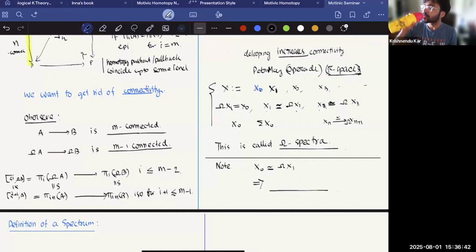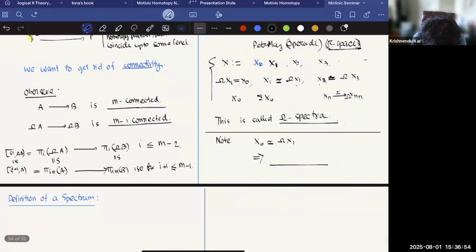All right, let's move on. So that's your omega spectra. Now note that I want to define a spectra, and that will actually pop out of this discussion. If x0 is weakly equivalent to omega x1, that means I have a map x0 to the loop space omega x1, right?